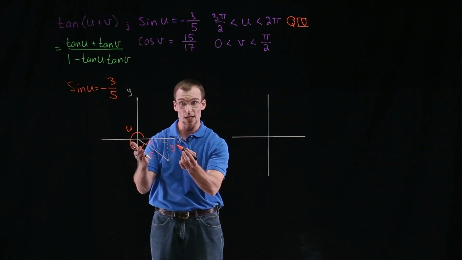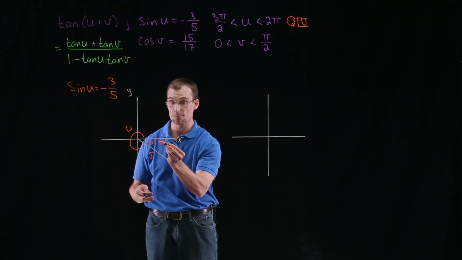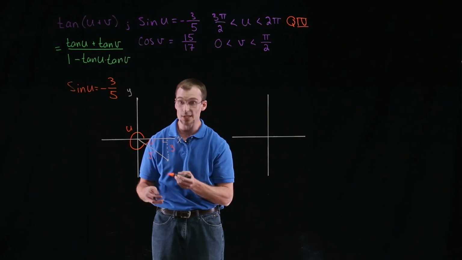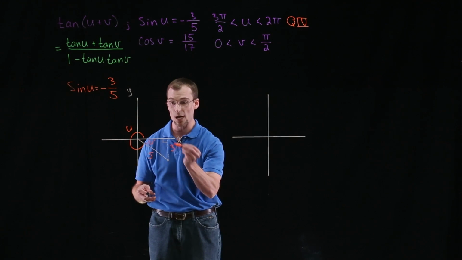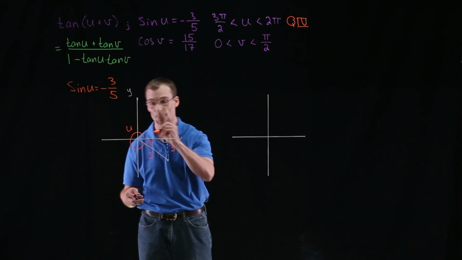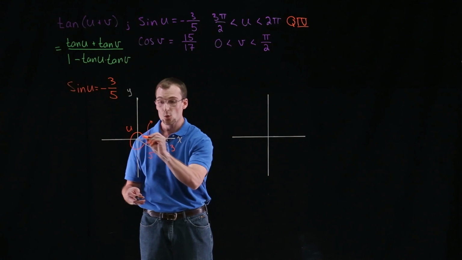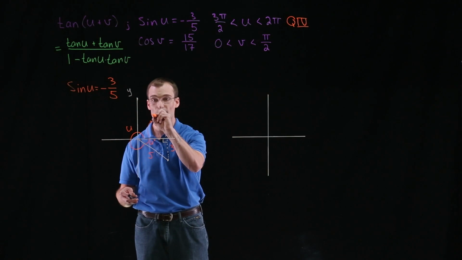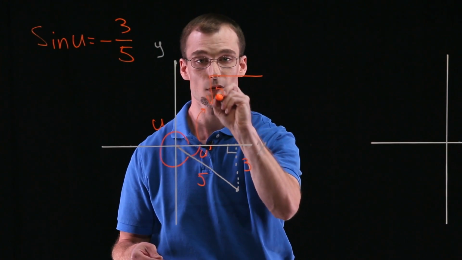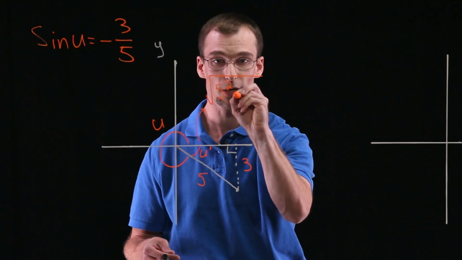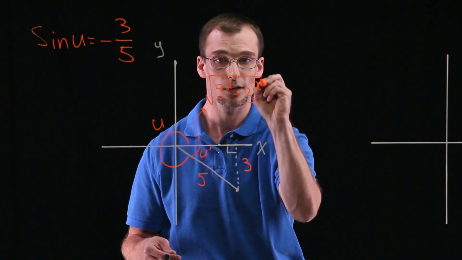Using our little right triangle we have here, how do we find tangent? Tangent of the angle, say u prime, right? The TOA in our SOHCAHTOA is opposite over adjacent. We have our opposite, so we need our adjacent. And using the Pythagorean theorem, we know this leg of this right triangle is equal to the square root of the hypotenuse squared minus the remaining leg squared.